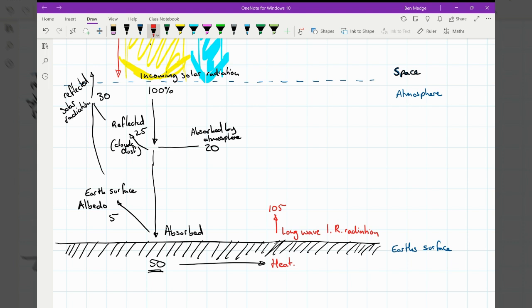And this is absorbed by greenhouse gases. I'll abbreviate that to GHG, and that's things like CO2 and water vapor.